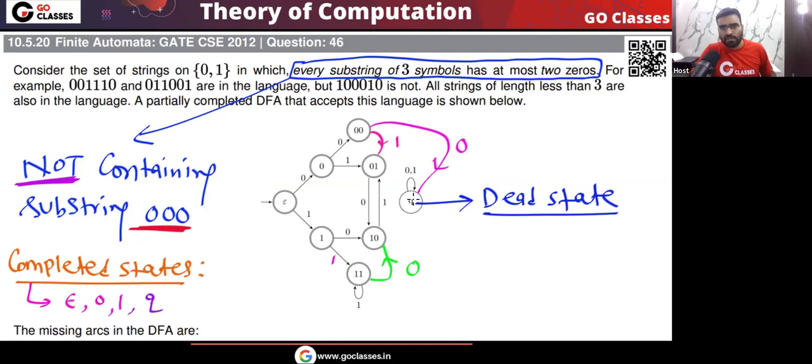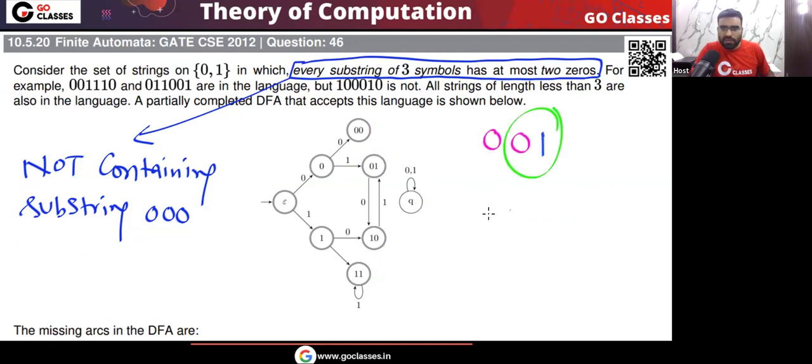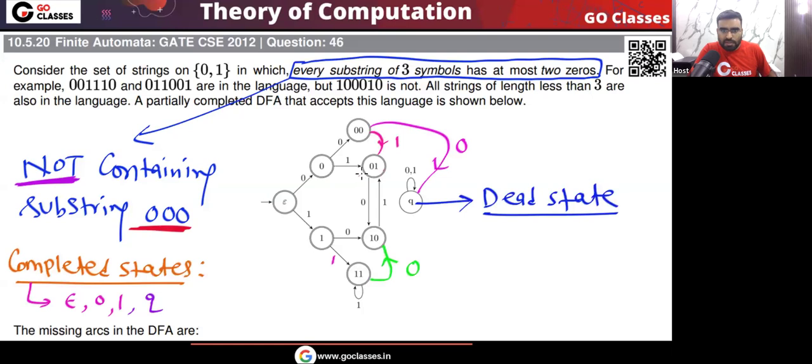What else is remaining? You can see this is remaining. In this state 0 1, if 1 comes, where will I go? I will go to double 1. So in this state, if 1 comes, I will go to double 1.